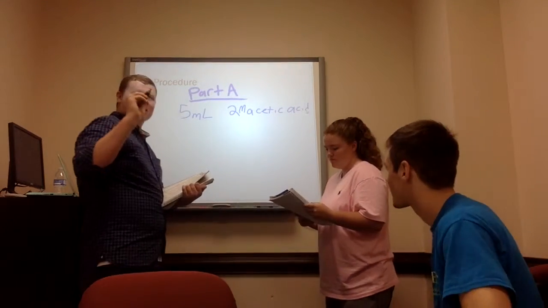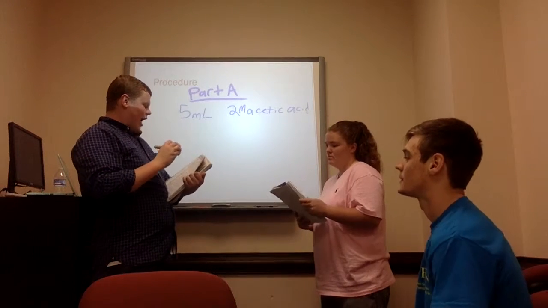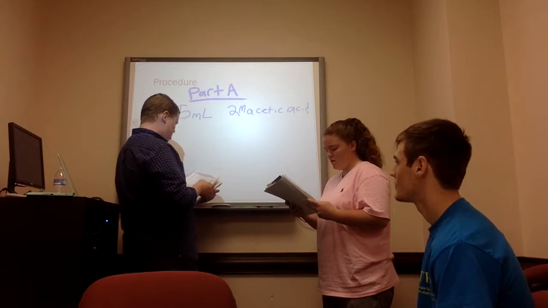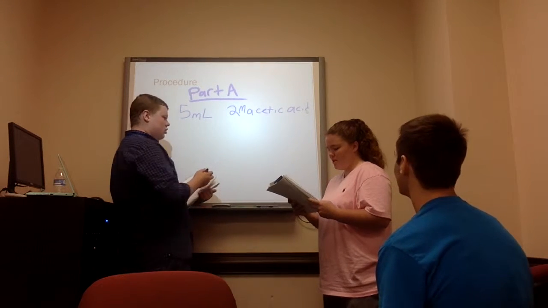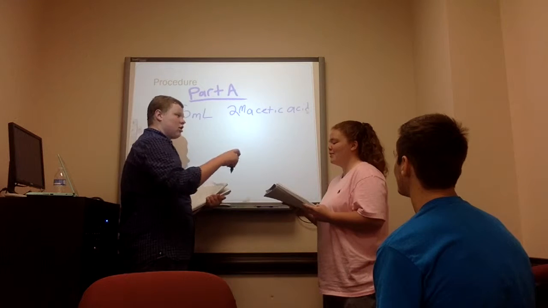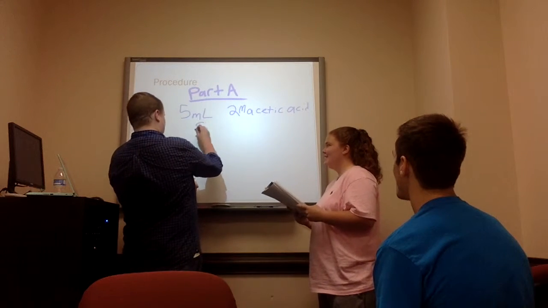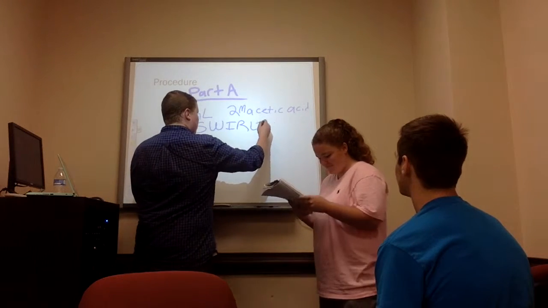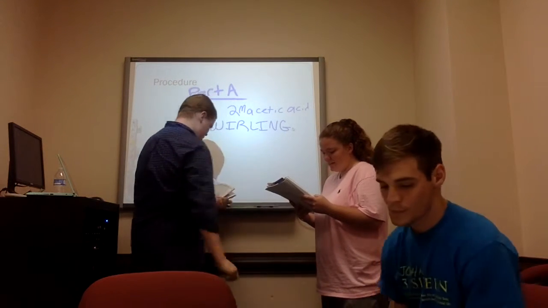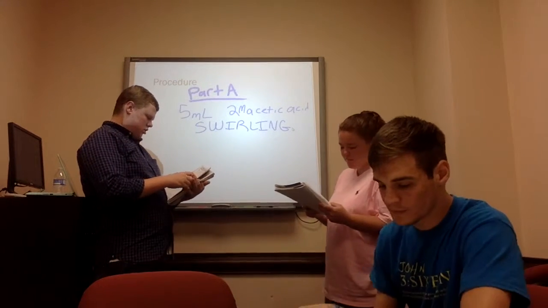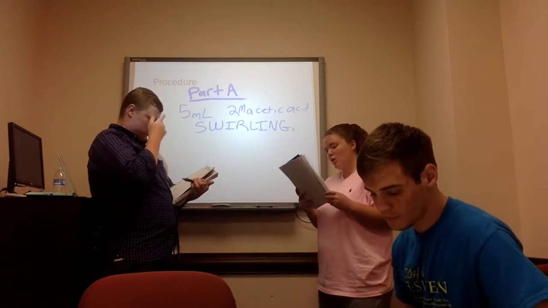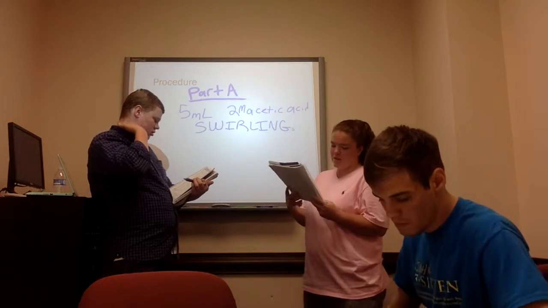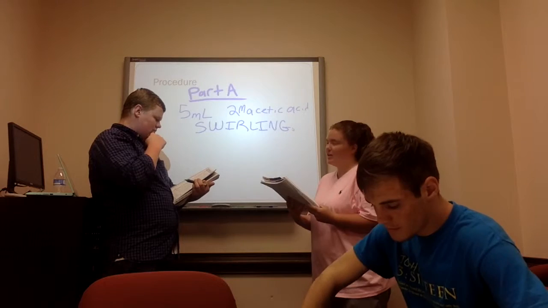Acetic acid. So, you added that in, and as you did that, what were you doing with the beaker? You were swirling it. But that's not all of step 4. Okay, and what else is in step 4? It says the acetic acid provides a medium for the reaction to occur in, as well as preventing the undesirable precipitation of Zn(OH)2.